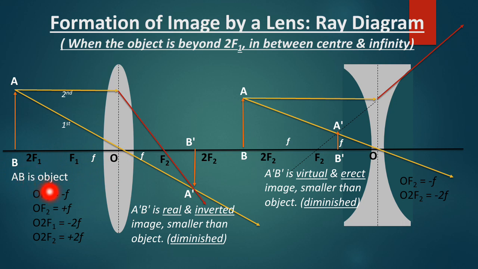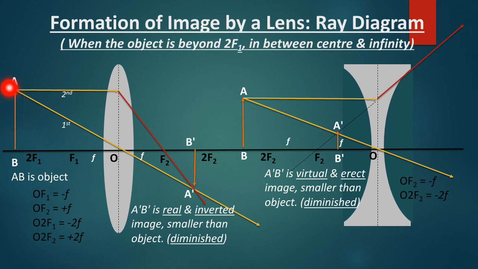So O to 2F1 is 2f, and 2f means the radius of curvature. So that's why I have given here in between center and infinity. This is the position of the object, this is the position of the center of curvature, and here we have infinity. So we have the object in between infinity and the center of curvature.